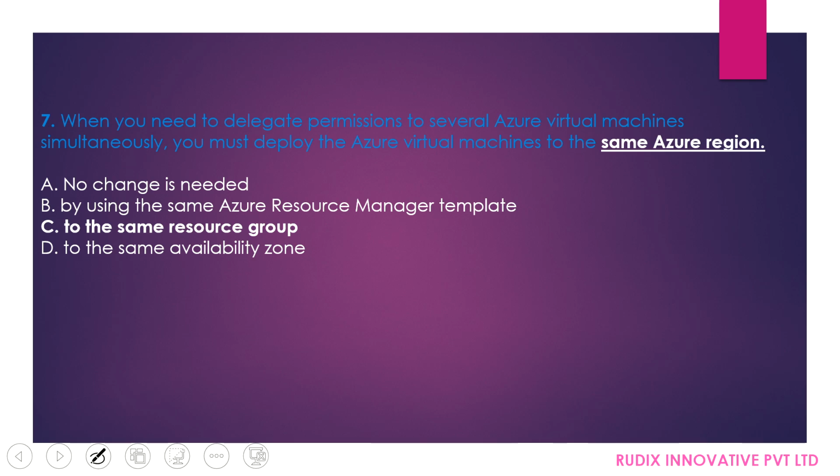So here the sentence which is given, either no change is needed, or we have to change the sentence. Option A, no change is needed. B, by using the same Azure Resource Manager template. C, to the same resource group. D, to the same availability zone.